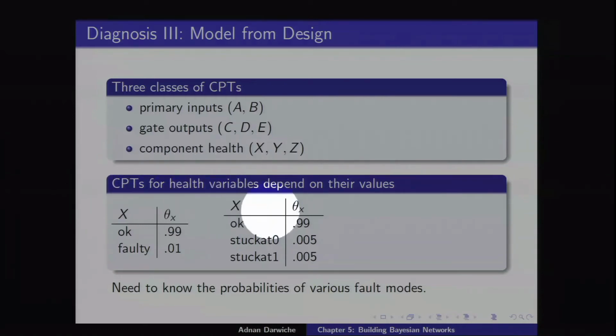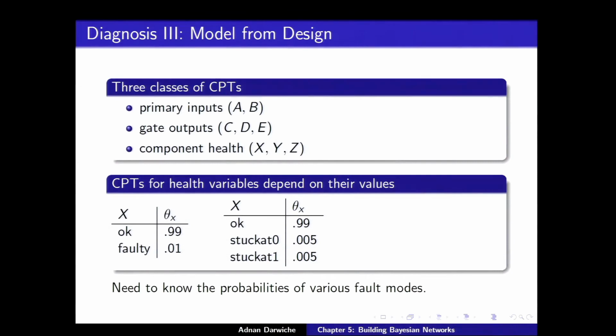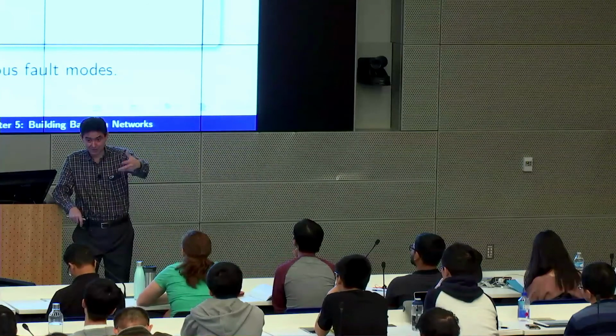The CPTs for health variables is the information that you need about failure modes. So in this case, 99%, okay, it fails 1%. In this case, you have that. And this, we're going to assume that you're given. And in your book, actually, there is a section about these, where do people get these numbers from? There is reliability engineering.